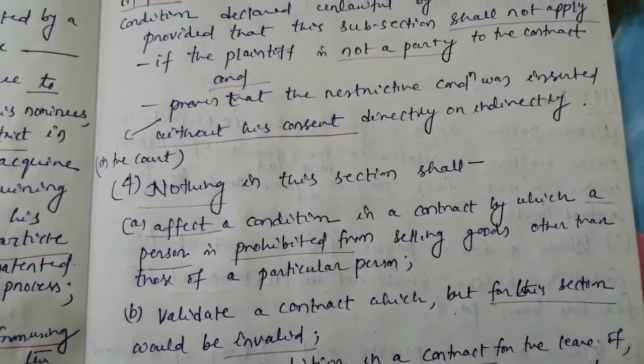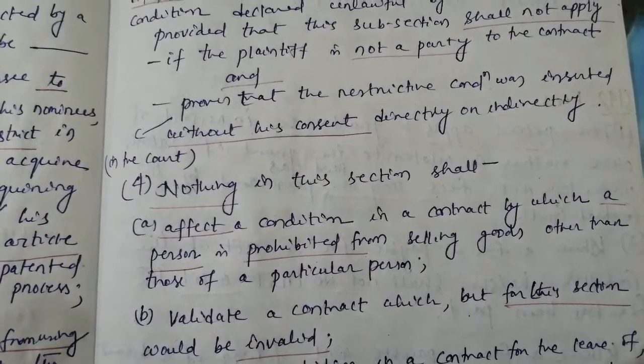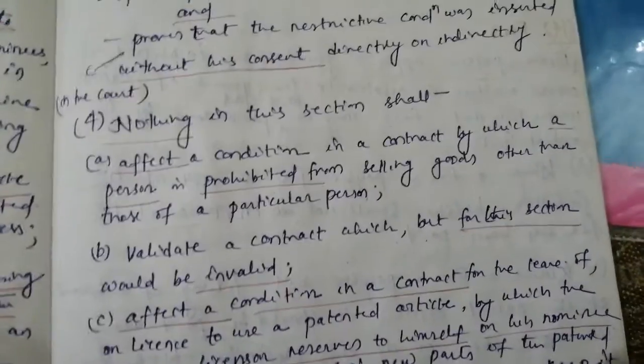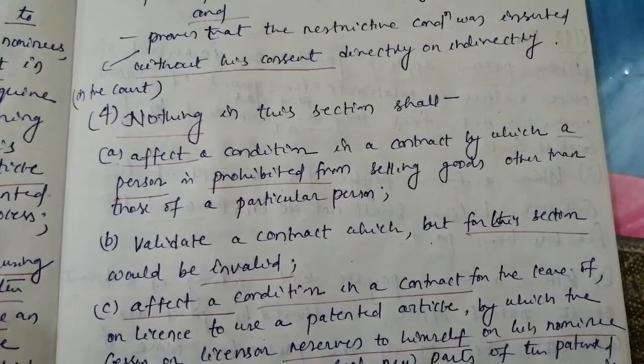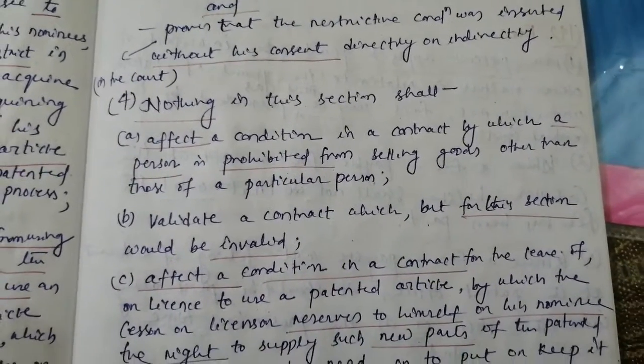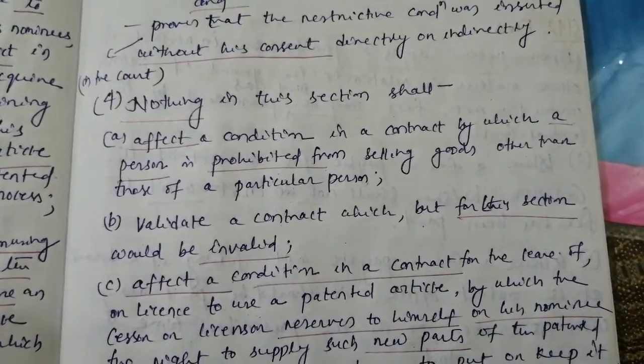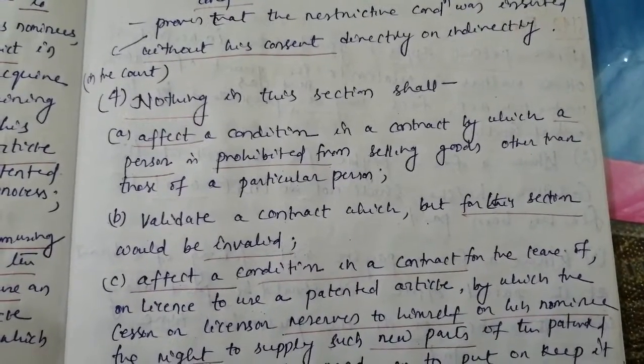This proof is made in the court. Next one is subsection 4. Nothing in this section shall affect a condition in a contract by which a person is prohibited from selling goods other than those of a particular person.